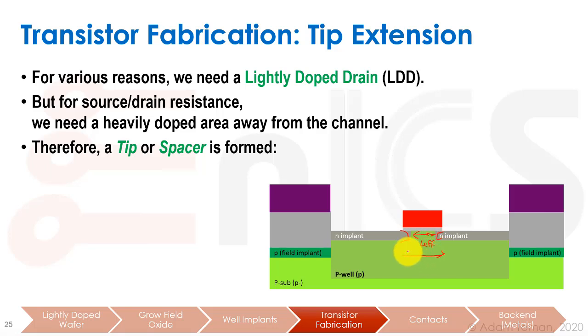This would be the L drawn, the length that we drew. And at least until some pretty deeply nanoscaled technologies, we'd always get a smaller length than we actually would draw. And that was one reason, because we were able to shoot these ions actually underneath the gate.